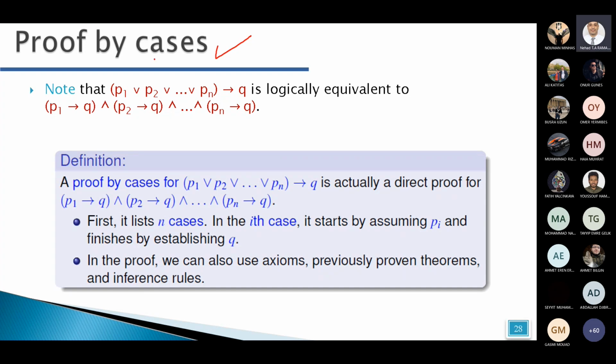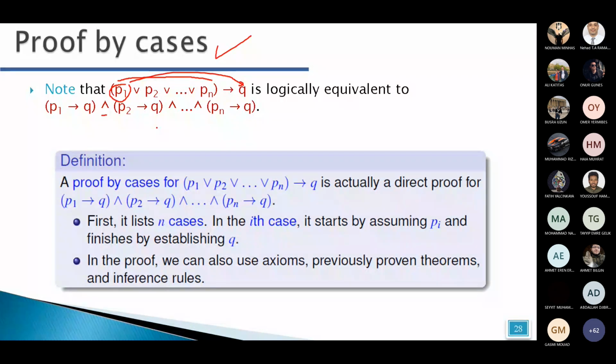So if we have some assumption like this, P1 or P2, or it's logically equivalent to each one give us the conclusion and the other one and the other one.